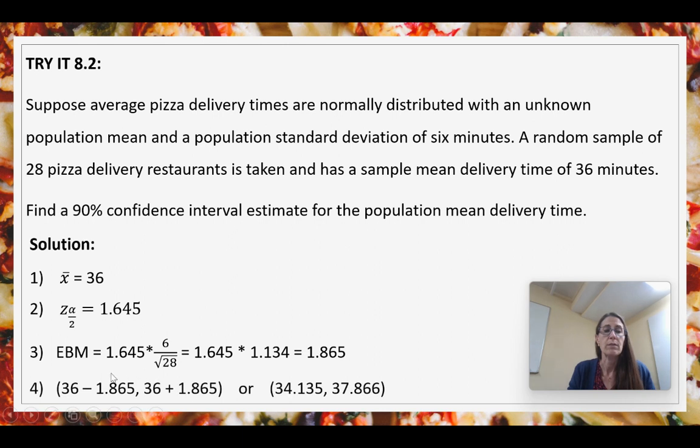So we are going to subtract that from our sample mean, and we're going to add that to our sample mean. So 36 minus 1.865 is 34.135, and 36 plus 1.865 is 37.866. So this is our confidence interval right here.